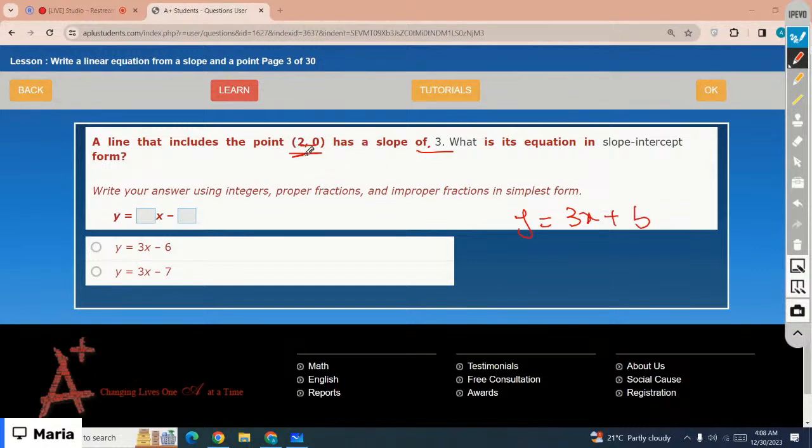Now put this point in the equation to calculate the value of b. No, y is 0 and x is 2, right? 0 equals 6 plus b, move 6 to the other side, so b equals negative 6. So the equation is y equals 3x minus 6. Option number 1 is the correct option.